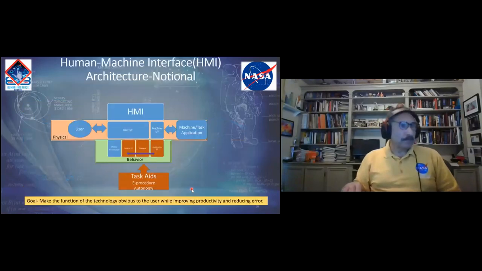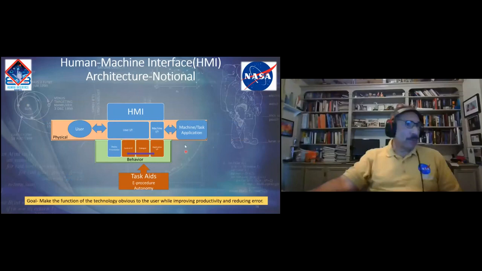And so here's a notional architecture of a human machine interface. The human machine interface basically deals with the physical aspects of it, which is, you got the user, and then here's the user interface. The user interface could be a speech recognition, microphone input. It could be a touch screen.